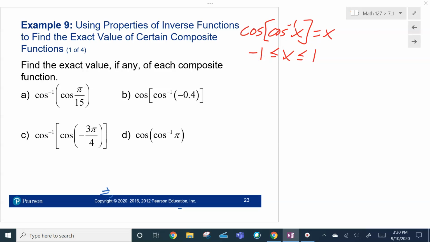And remember, the arc cosine of x is restricted between there. So this is fixed. If it's not in there, there's no thinking about this. It's just undefined, okay?